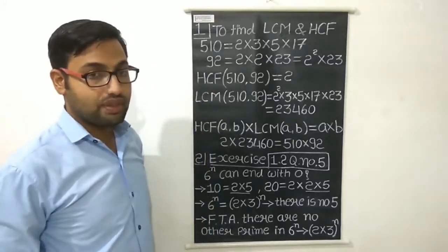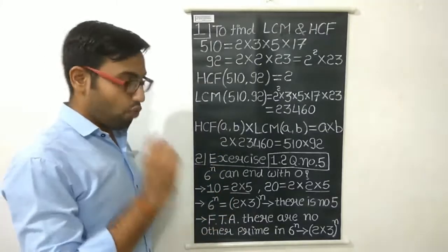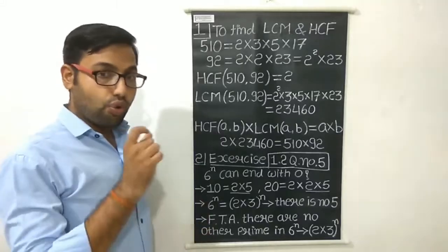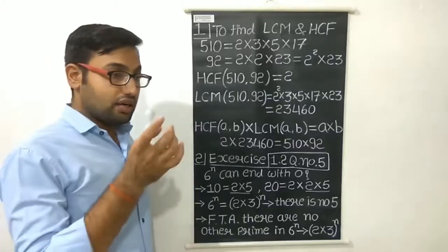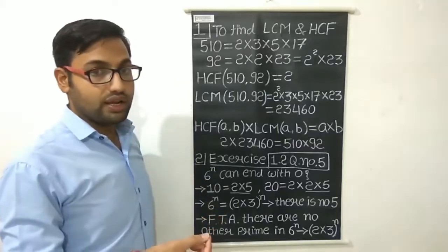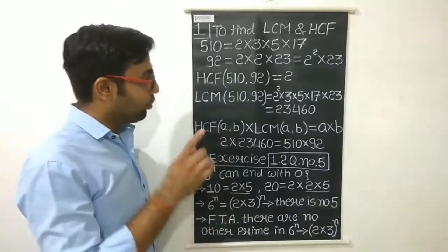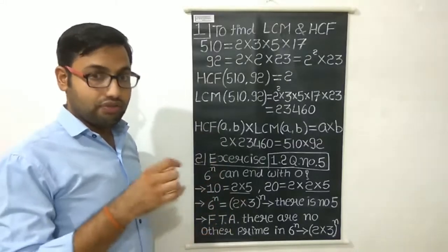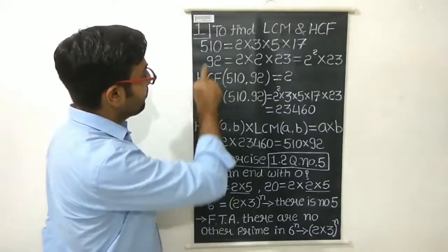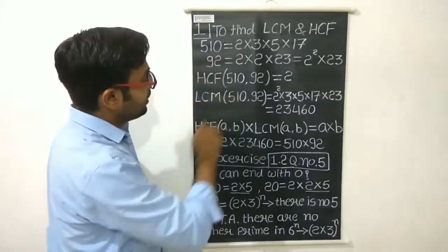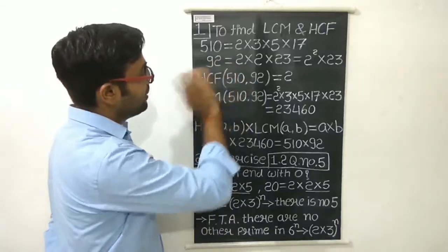Now what is the HCF, the highest common factor? We can write it as the product of all the common factors between the two numbers, and for each common factor we take the one with the least power. So which is the common factor between these two numbers? 2 is the common factor, and least power means minimum power.